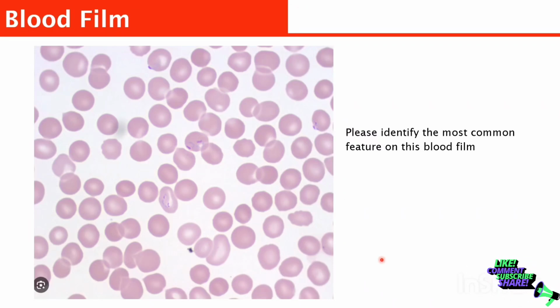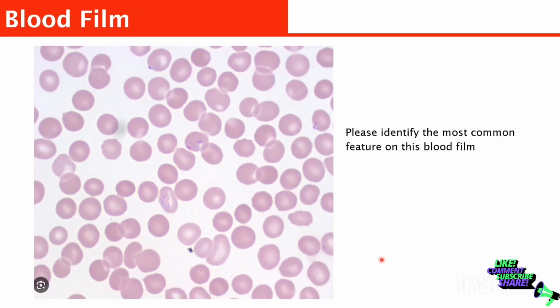So what it means is that anytime we identify malaria parasite, as you can see here, it is important to quantify the amount of that very parasite on the red blood cells. So it's important that you conduct what we call parasitemia. So you have to calculate the amount of the parasite on the red blood cells. That is parasitemia.